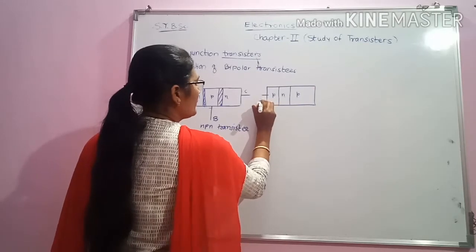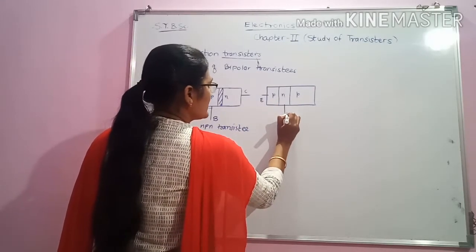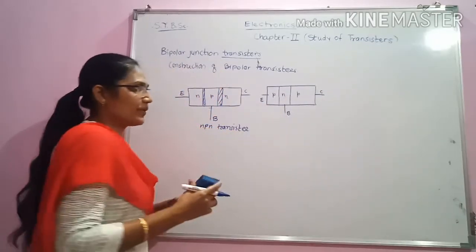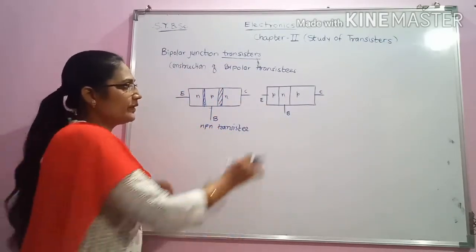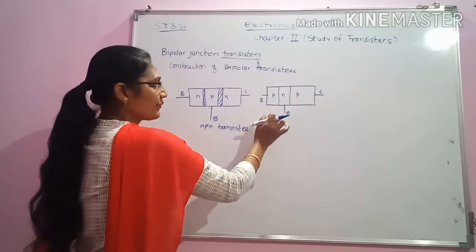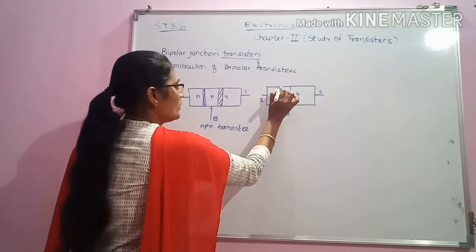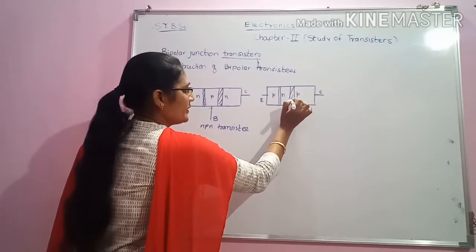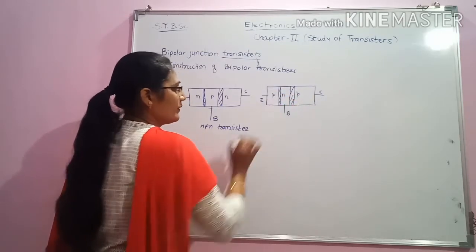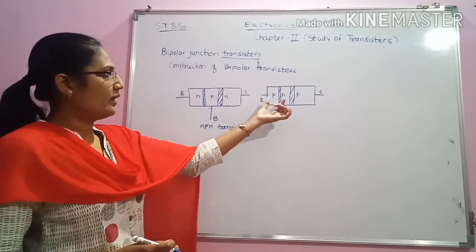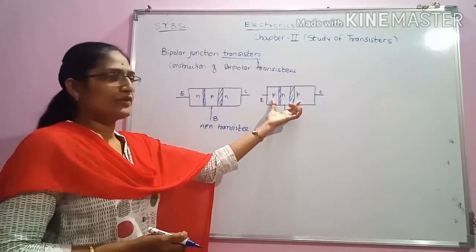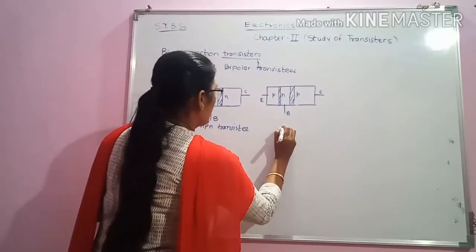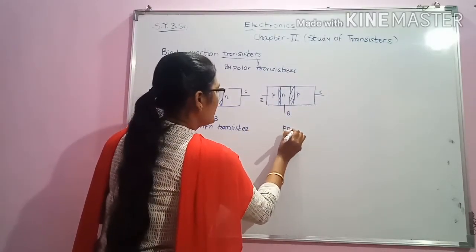Here also there will be an emitter, a base and a collector. These are the three terminals. In this transistor there are two junctions. One junction is situated here and another junction is situated here. Here an n-type material is sandwiched between two p-type materials, and this is called a PNP transistor.